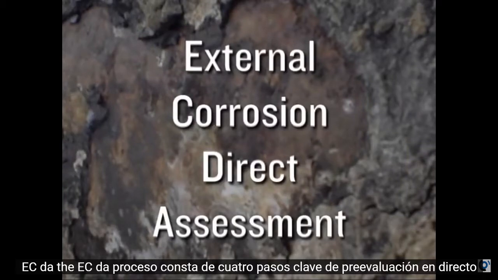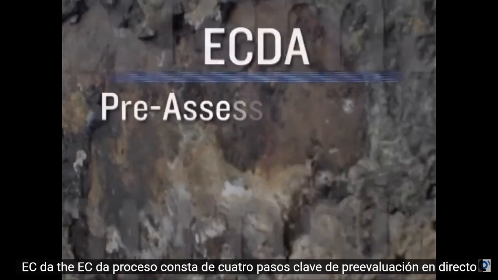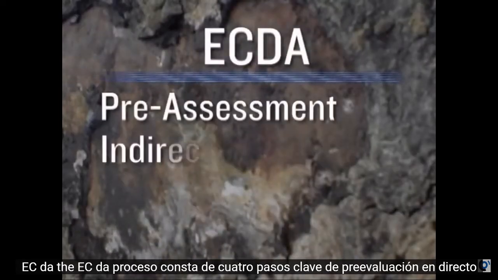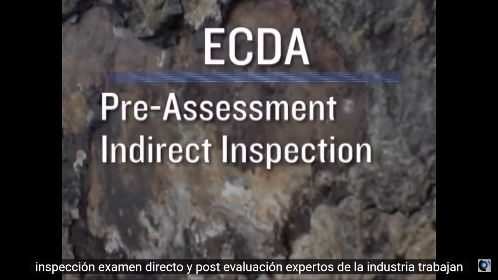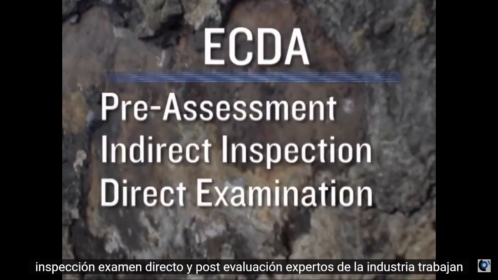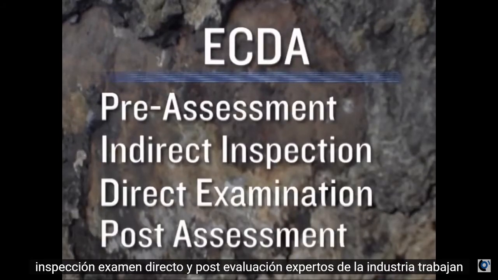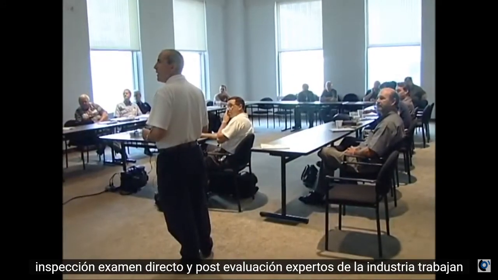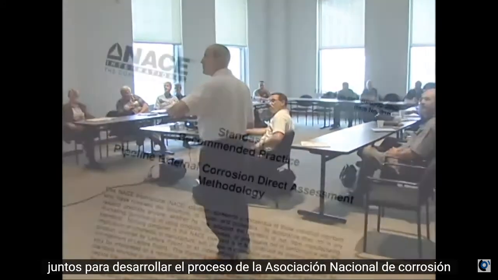The ECDA process is comprised of 4 key steps: pre-assessment, indirect inspection, direct examination, and post-assessment. Industry experts work together to develop the process.